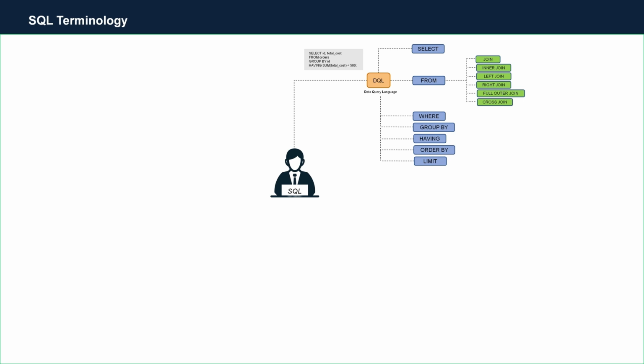The next concept is the data manipulation language. So it's here that you've got the main statements, which are insert, update, and delete. These are used together with some of the above query language in order to insert, to update, and delete data.